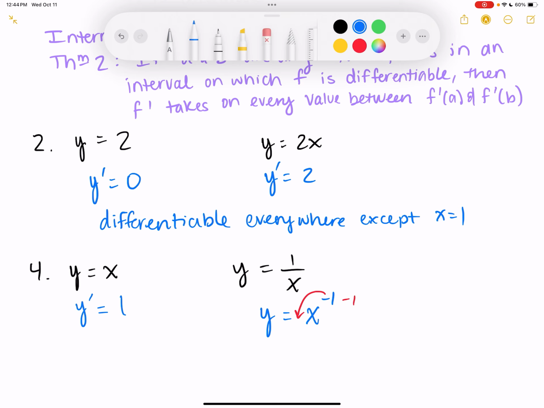So the derivative is going to be negative x raised to the negative 2. So then we can rewrite that as negative 1 over x squared.